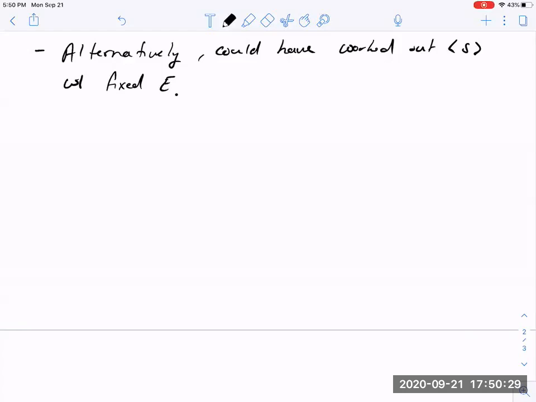The calculation is more cumbersome for the reason that an individual spin is no longer statistically independent of all the other spins due to this constraint that the total energy has to be fixed.